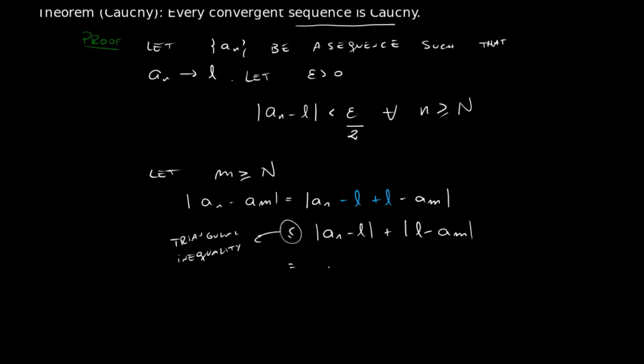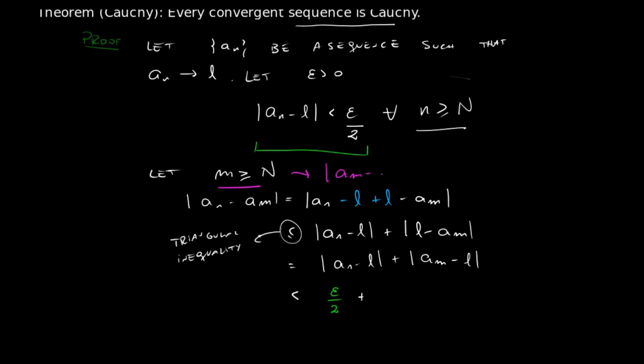This is the same as saying the absolute value of a sub n minus L plus the absolute value of a sub m minus L. But now, because this number n is greater than N, we know that a sub n minus L is smaller than epsilon over 2. So then this is smaller than epsilon over 2 plus, and here because we have m greater than N, then also a sub m minus L will be smaller than epsilon over 2.